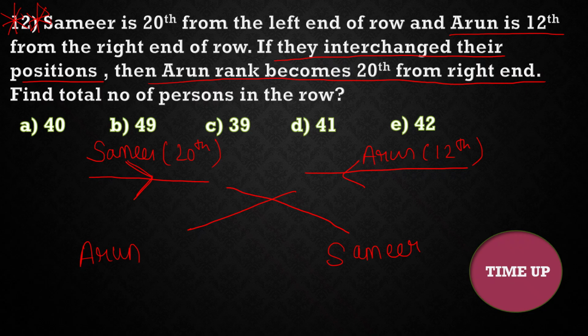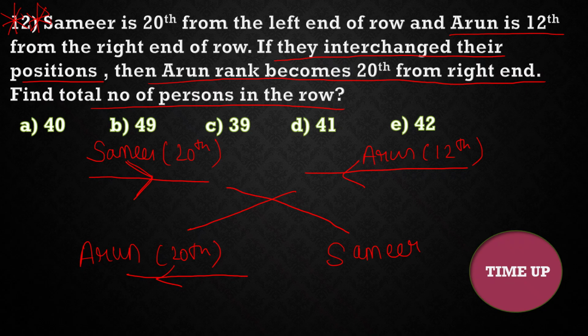Now they have interchanged the positions. Arun's rank becomes 20th from the right end. And they have said to find out the total number of persons in the row.